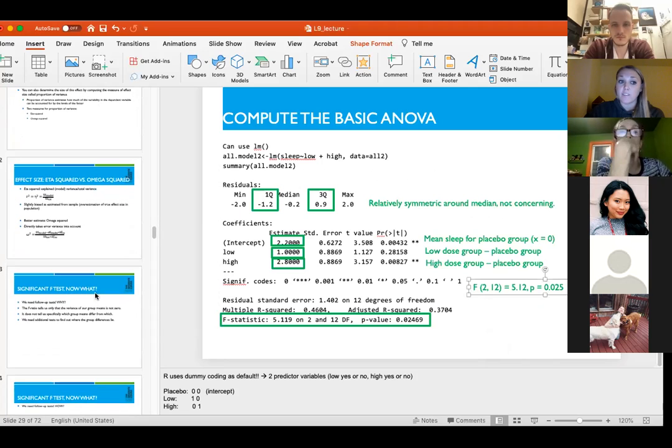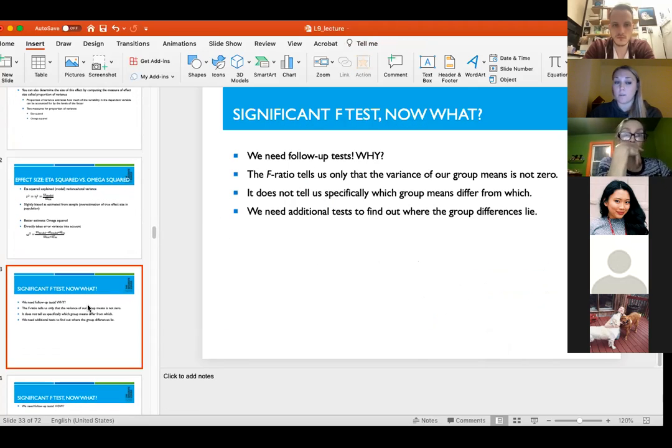But then for an F test, you always have to have a follow-up statement after that, because it's not enough just to say, okay, we found a significant F value. That just means at least one of those groups was different. We need to figure out which groups are where the differences lie. And so these are your post hoc tests, post hoc meaning follow-up tests.